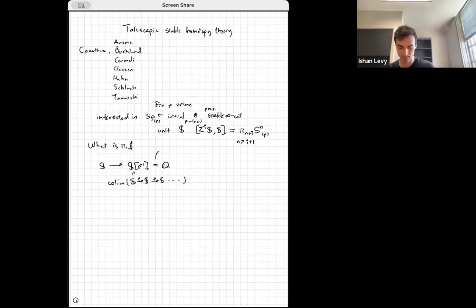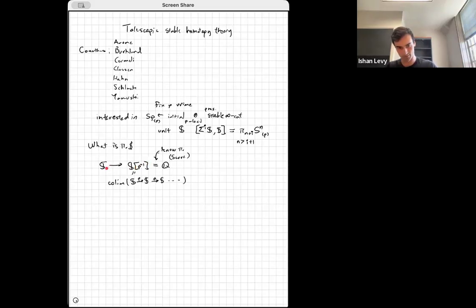So we know pi star of the sphere after inverting p, and this is essentially due to Serre. So you can think of this as some part of the stable homotopy groups of spheres that we understand. We understand what happens after you invert p. But then you can ask, what did I miss by doing that?